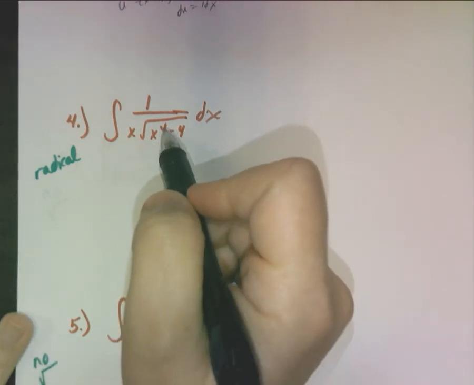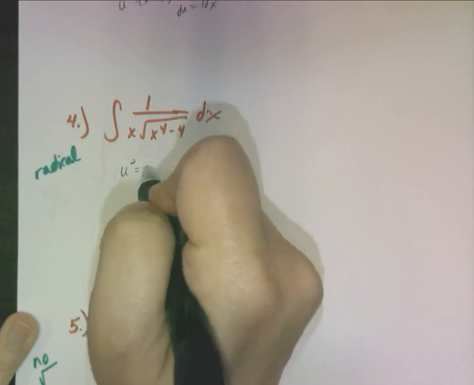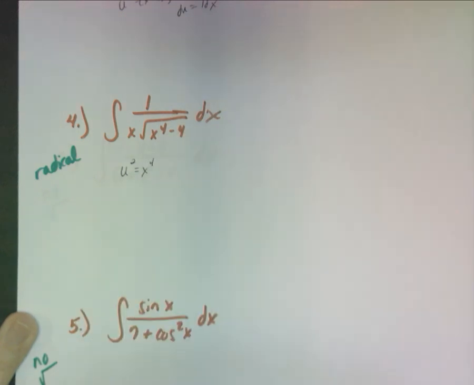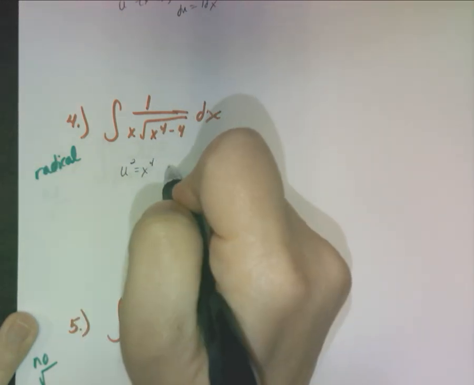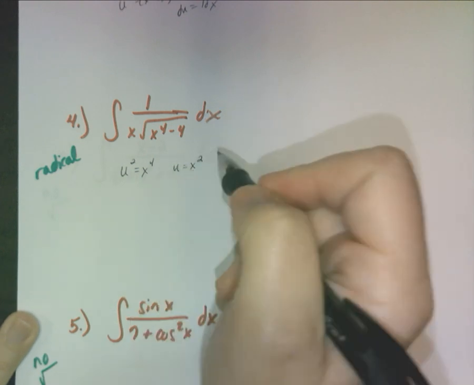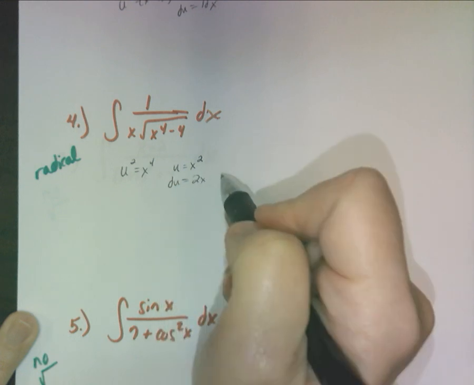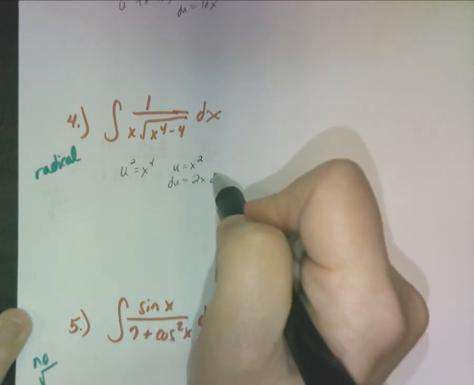So this would be my u squared, which is x to the 4, which means my u is x squared, which means my du is 2x dx.